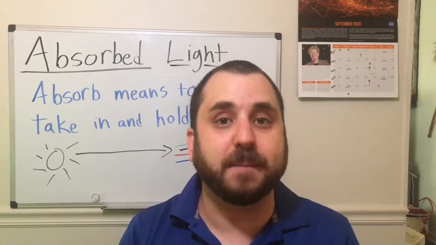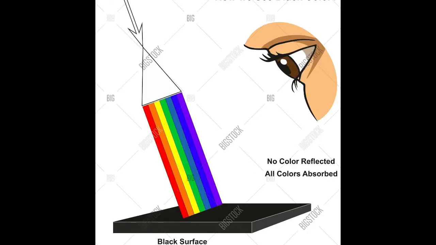And this is also why black colors appear black to us without any color, because something that is black will absorb and hold all of the colors. There won't be any colors that bounce off of something that is black, so it looks like the absence or all the colors are missing, which is what black looks like to us.